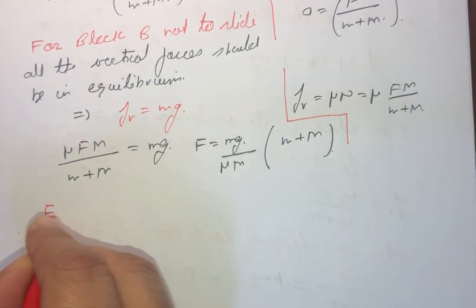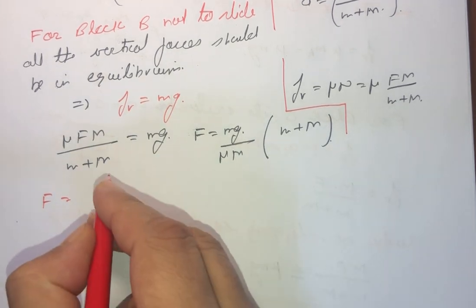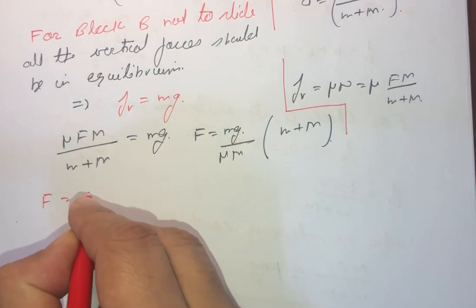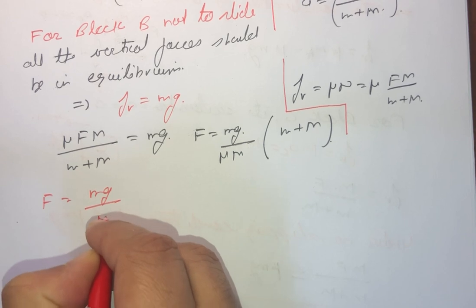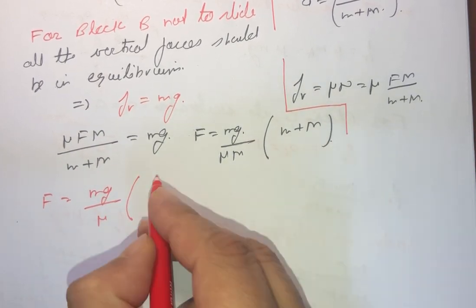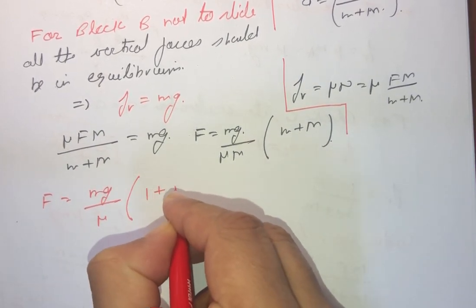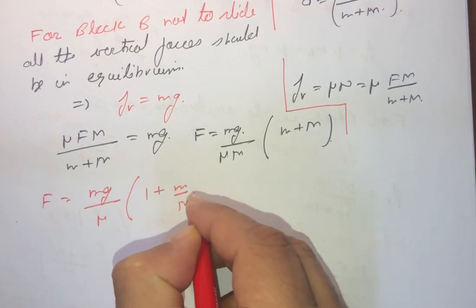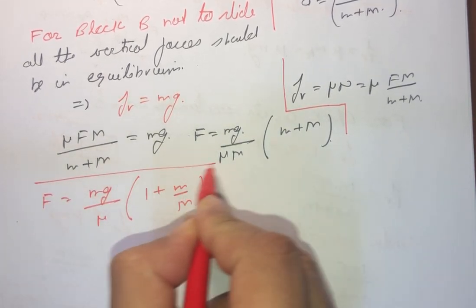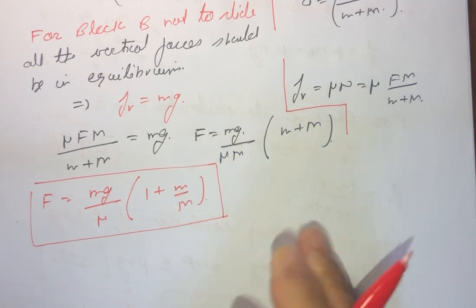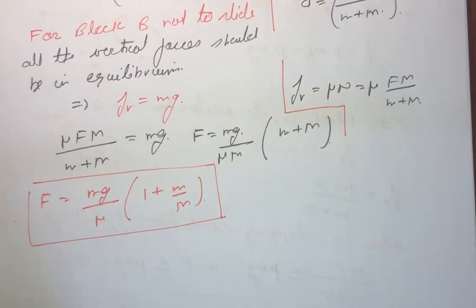We can say F is equal to mg by mu, and this will be coming as 1 plus m divided by capital M. So this is our minimum value of F.